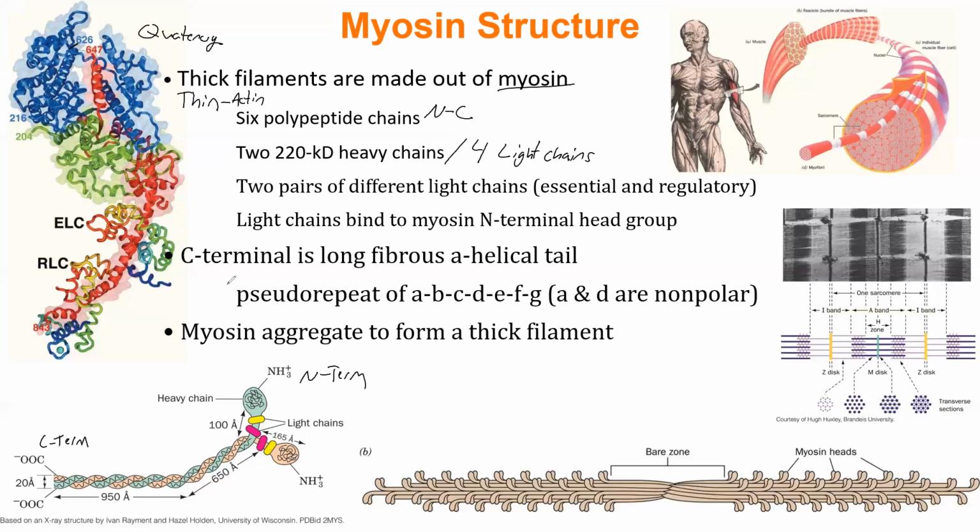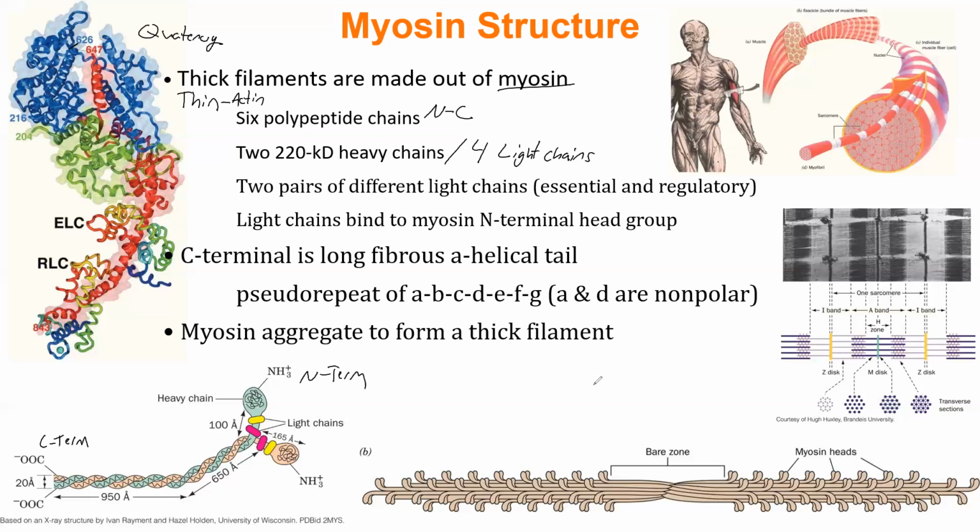Now here, at the C terminus, we have a pseudo repeat. We talked about this when we looked at our fibrous proteins, where it's a repeat of 7 amino acids, but it's called a pseudo repeat because it's not the same 7 amino acids over and over again. Rather, the amino acids have the same properties, where it's either polar or nonpolar.